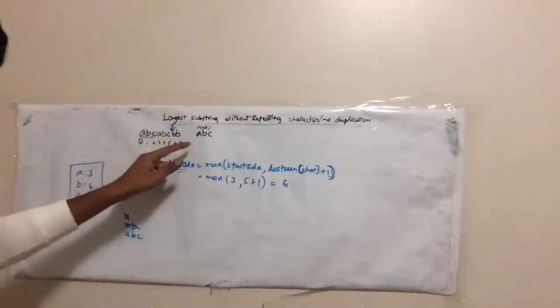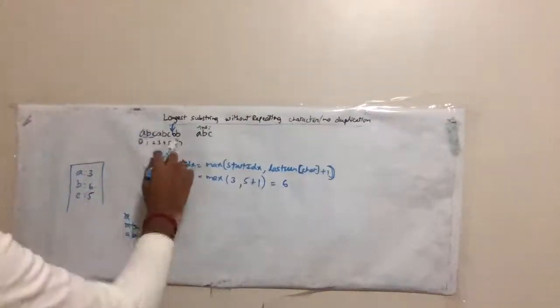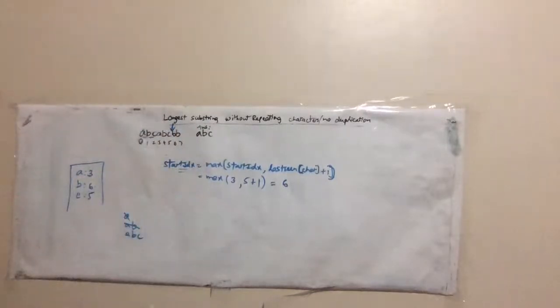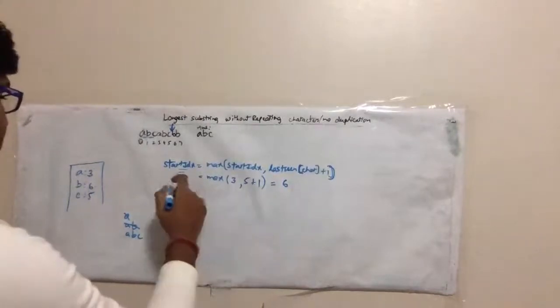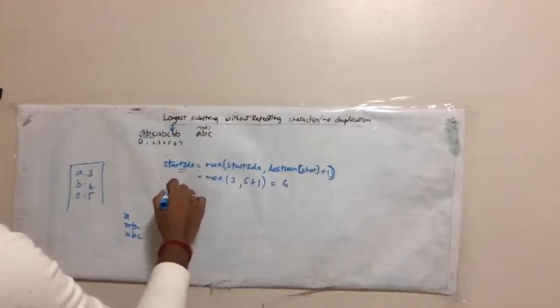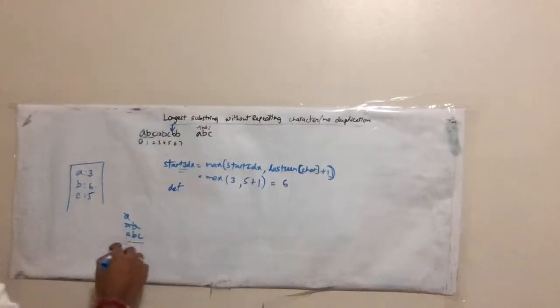Okay, so we go further. BB is less, so that's it. So it ends. Okay, so how will we implement this in code? So finally we got ABC, which is the answer.